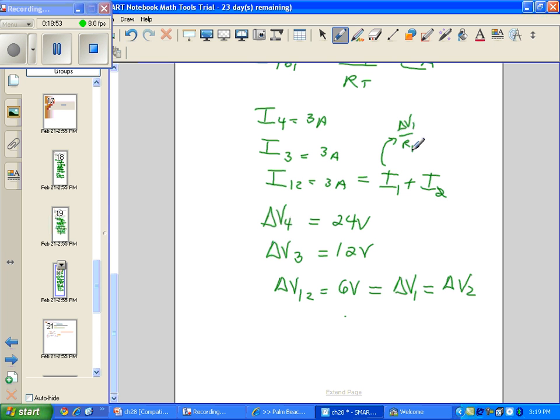Since we now know delta V1 is 6 volts, divide that by R1, 6 ohms, we get 1 amp for I1. We'd repeat and do the same for I2, either through Ohm's law or by noting that the sum I1 with I2 is 3 amps, and if I1 is 1 amp, therefore I2 must be 2 amps.